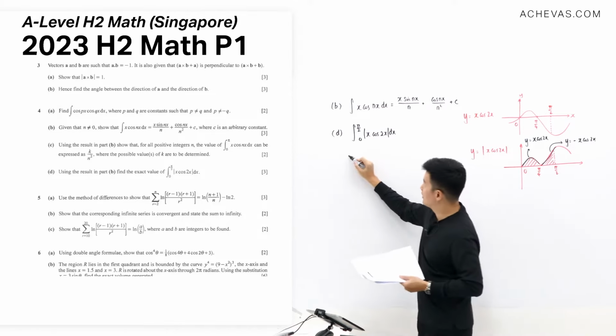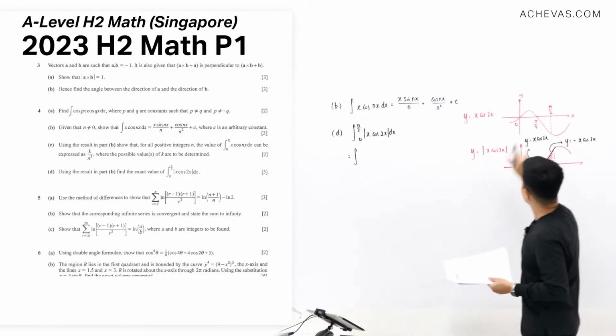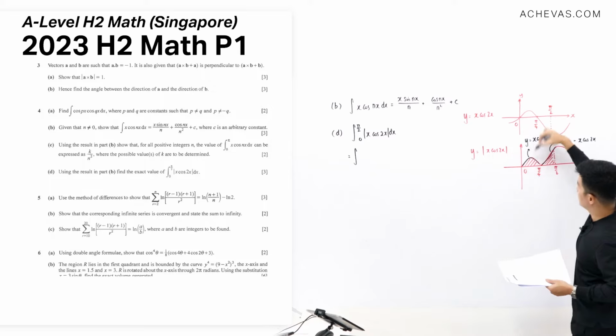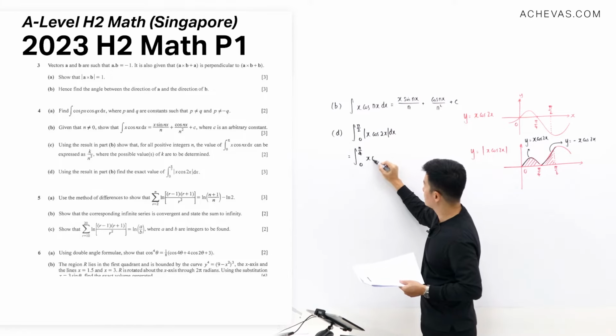Now I can re-express this according to our analysis. We will first look at this portion here, from 0 to pi over 4, and that will be us integrating x cosine 2x.